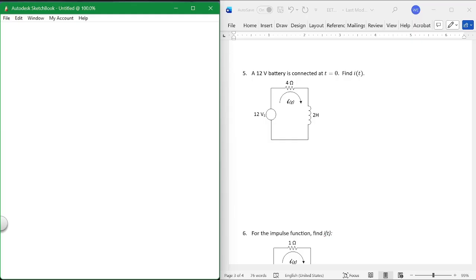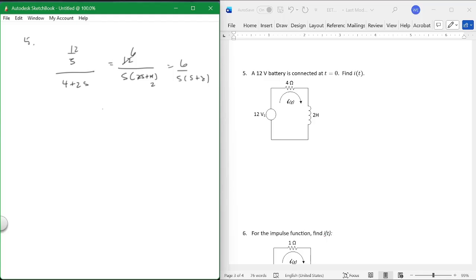Sorry for that. So number 5. This one would be 12 over S is the supply, and the resistance is 4 plus 2S. So just evaluate that. It's 12 over S times 2S plus 4. And you cancel, you get 6 over S times S plus 2.